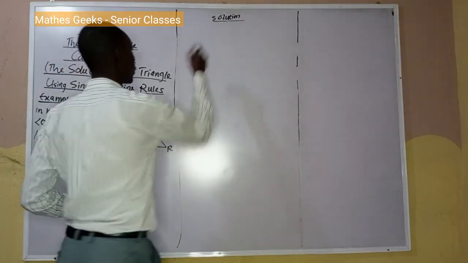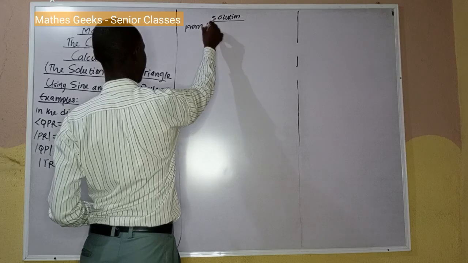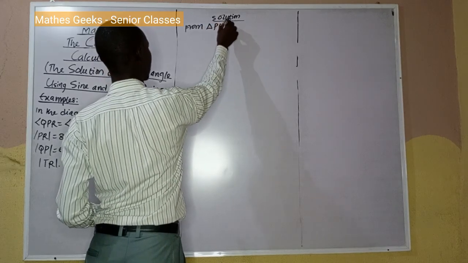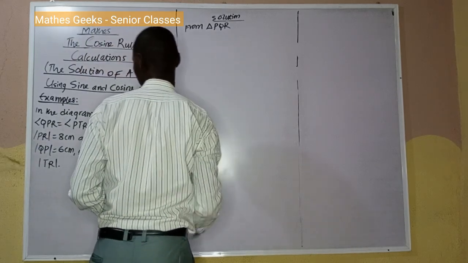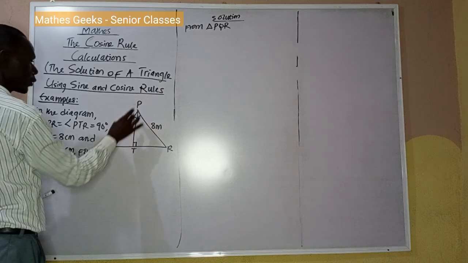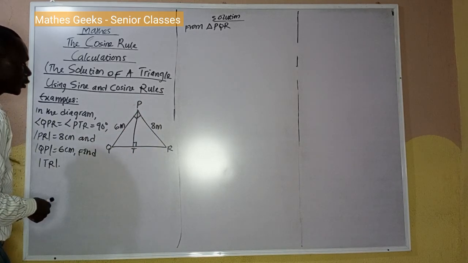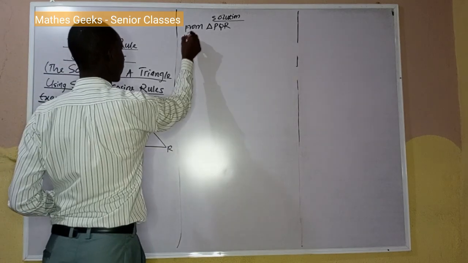From triangle PQR, angle P is 90 degrees, so to get QR, we're going to use Pythagoras theorem.